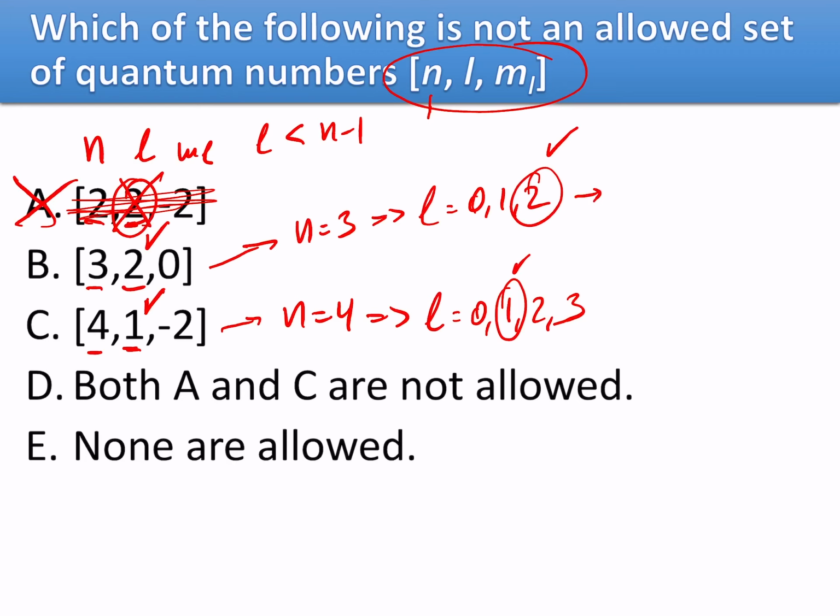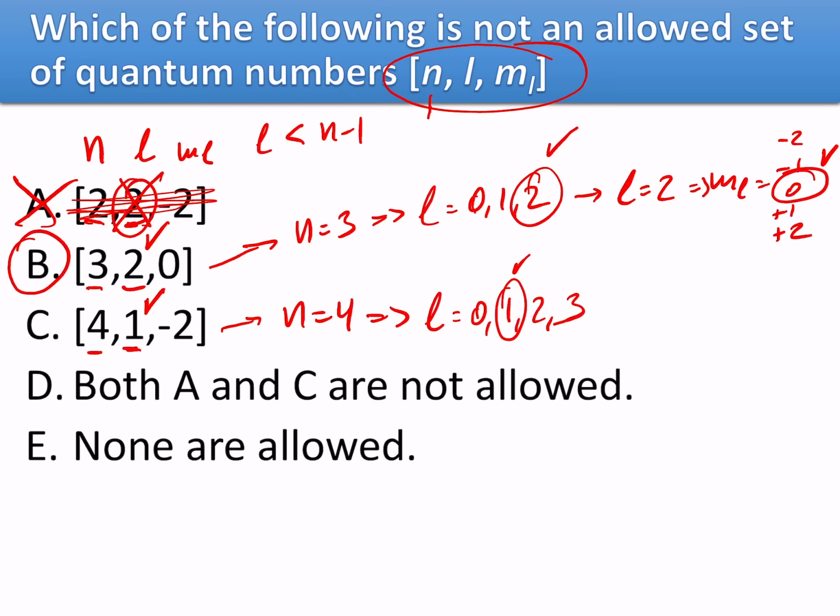And if L equals 2, then ML can be -2, -1, 0, +1, and +2. So in this particular case it is 0, so this checks. So here, this represents a set of allowed quantum numbers.